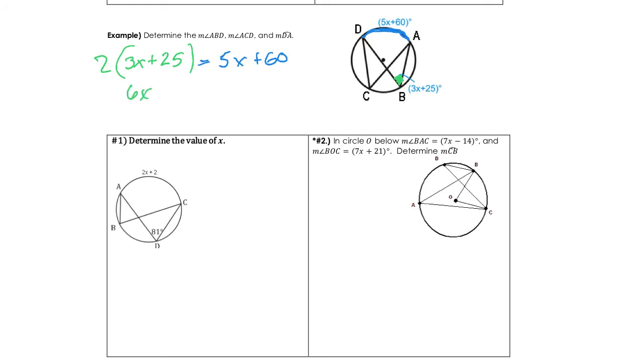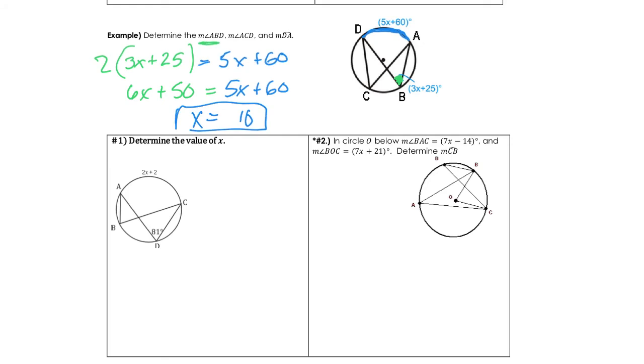So 6x plus 50, distribute that 2, equals 5x plus 60. I'm going to subtract 50 from both sides, get 10. Subtract 5x from both sides. 6x minus 5x is just x. So x equals 10. So now if I wanted to fill in all these angles, let's start with angle ABD.